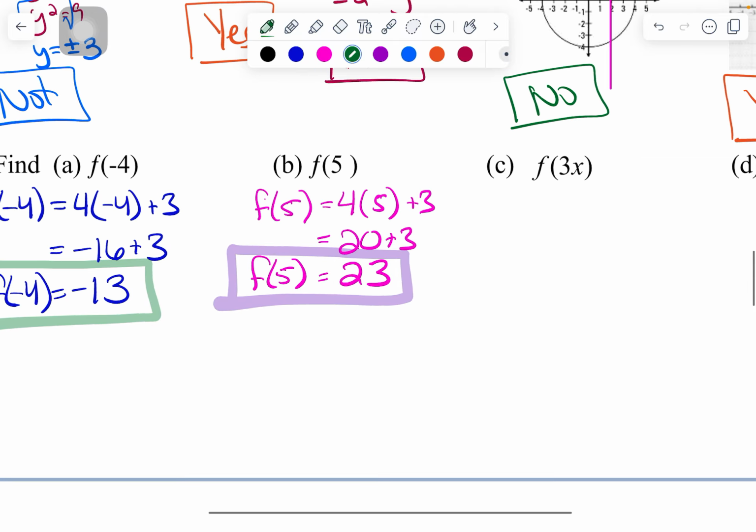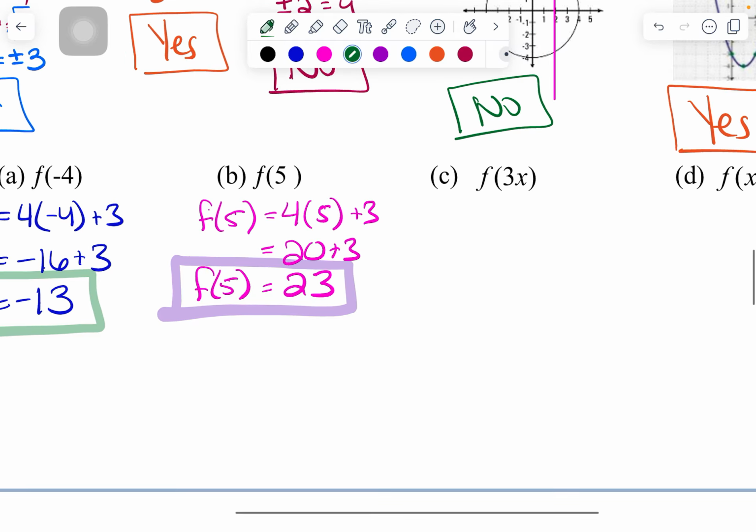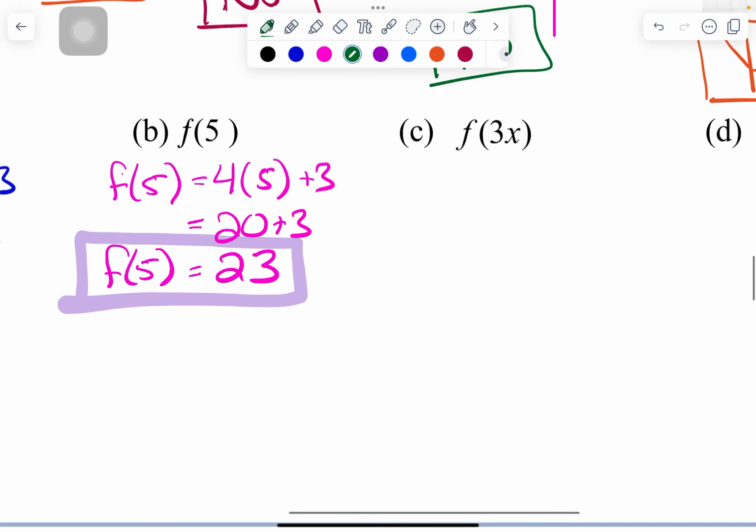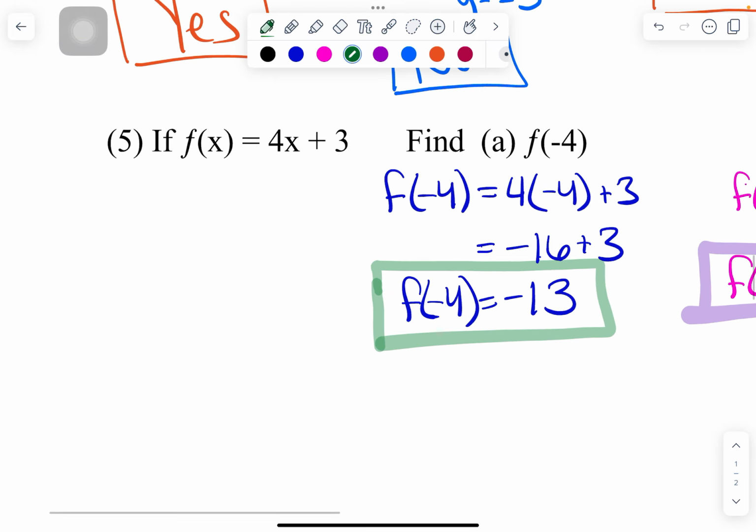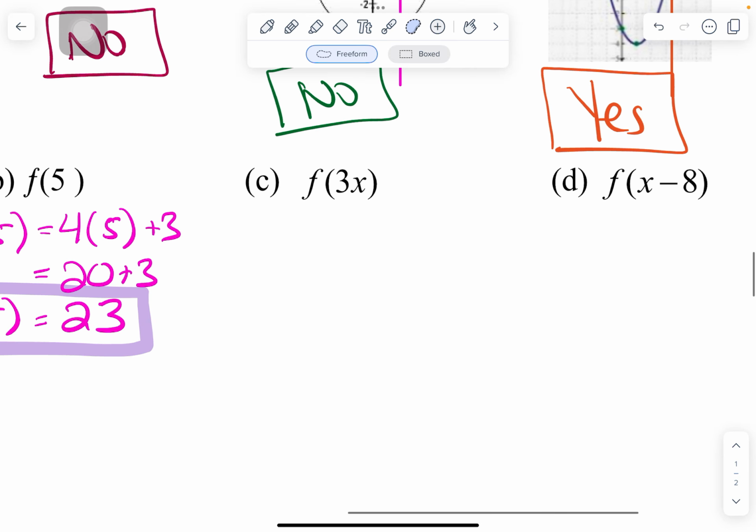Okay. So the next one, right, we're going to take a little bit of a step up because I'm giving you a number, but it also has a variable in it. Okay. So in the original problem, let me go copy this for a second and just repaste it over here.